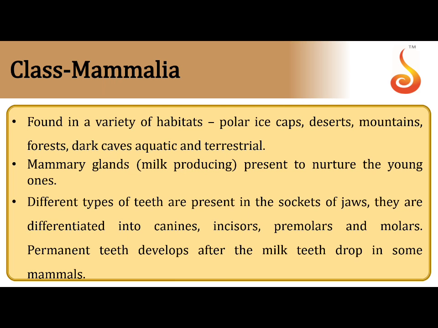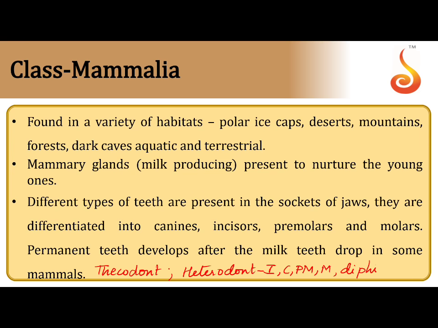So in short, if I have to tell, I would go for 3 words. Thecodont, meaning the teeth are embedded into jaws. Heterodont, different types of teeth such as incisors, canines, premolars and molars.